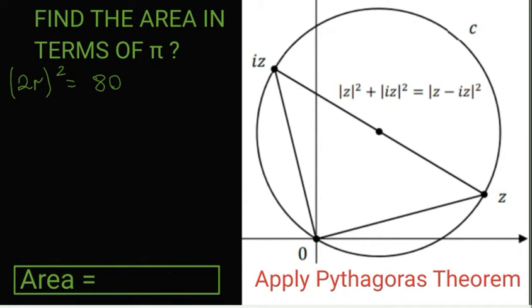All we need to do now is solve for r and use the area formula. So we can get r squared by 4 is equal to 80.